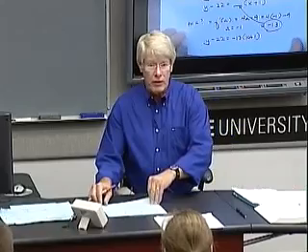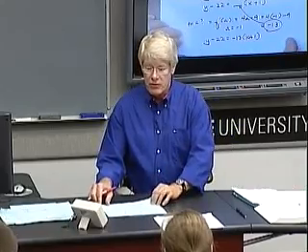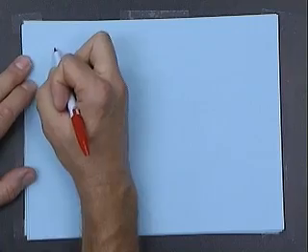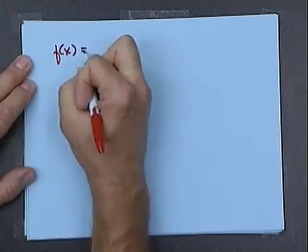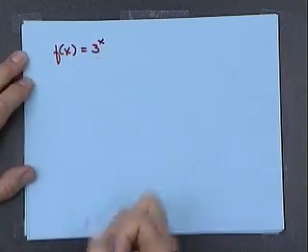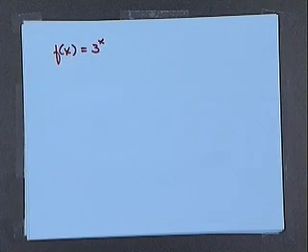Here's one we don't really have all the ammunition we need, so we're going to have to come up with something. Three to the x. We haven't done anything like this yet. We've done polynomials, we've done rational functions, but we haven't done this.